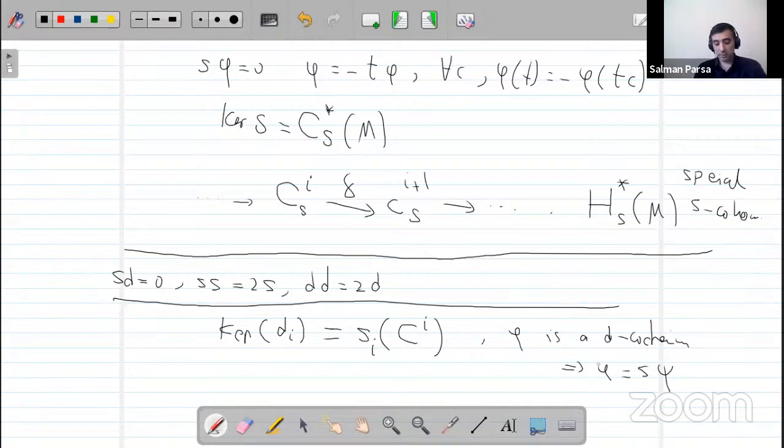Essentially, you take some chain and you apply it to images. You choose a value for one cell in an orbit, and to the others you give the same value. So this is this S operation. It just copies the value of psi everywhere.